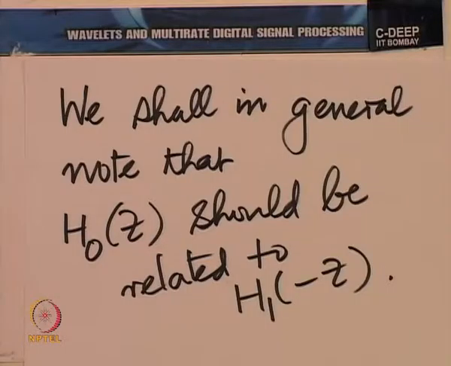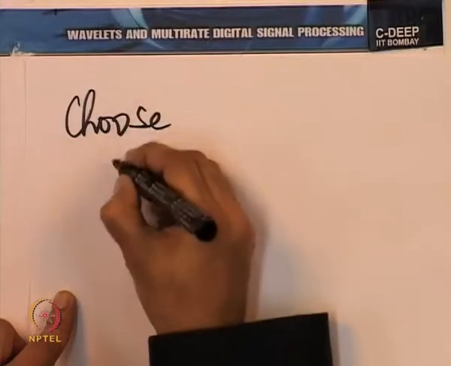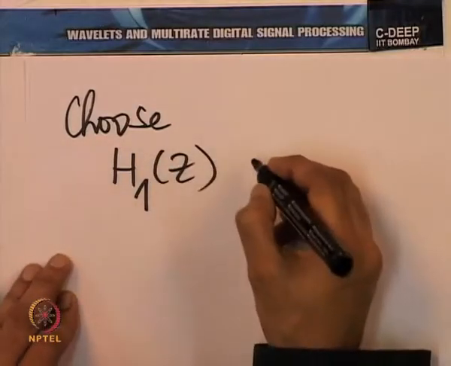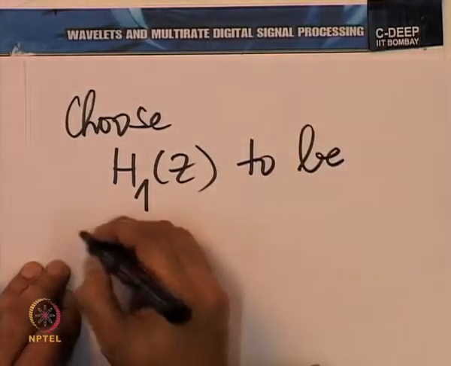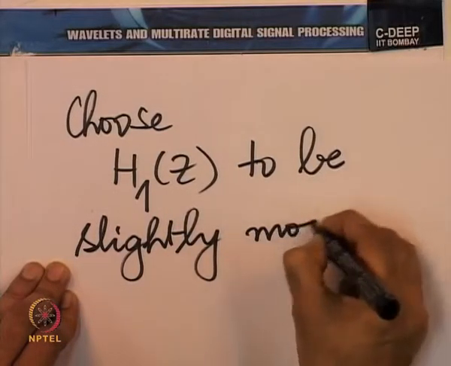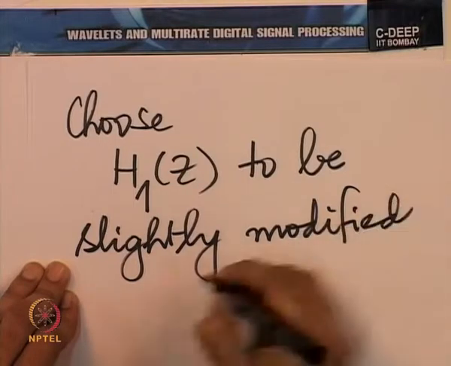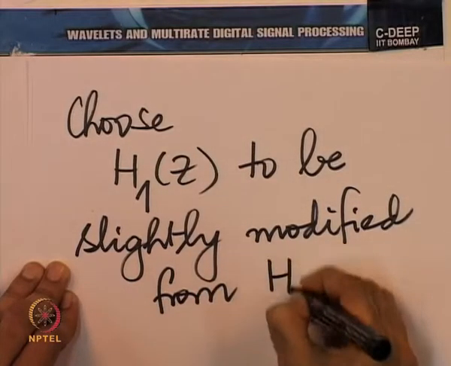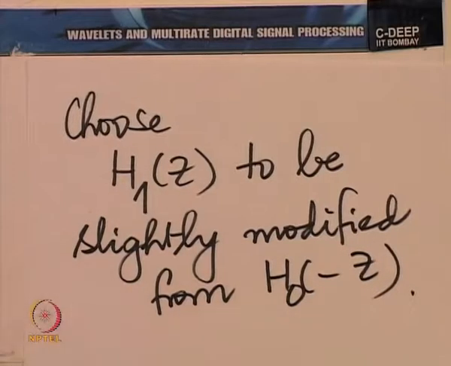The other way of saying it is that if you replace z by minus z in H 0, you should get the H 1. So, what we are saying is choose H 1 to be derived from or to be slightly modified from H 0 of minus z. Modified in what way?